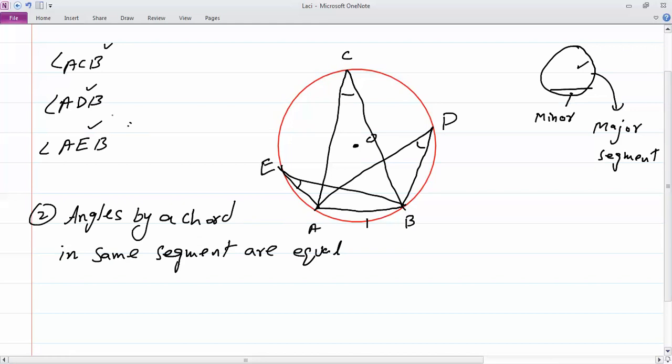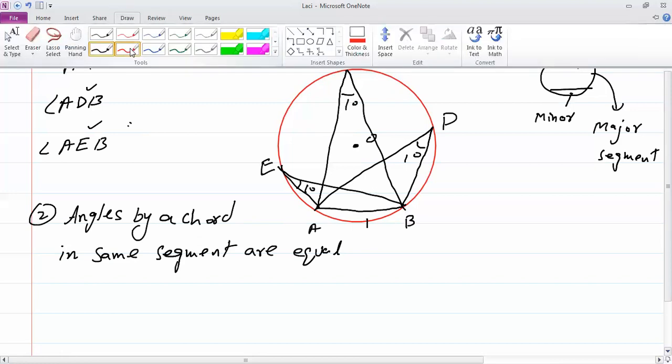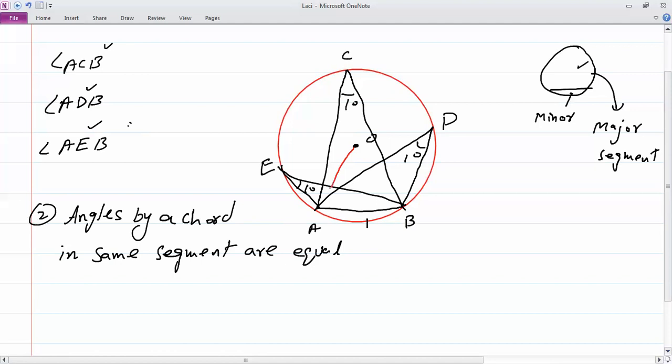According to this picture, for example, if this is 10, this will be 10, this will be 10, because they are by the same chord. Now, if I ask you a question, this angle at the center by the same chord, what will it be?